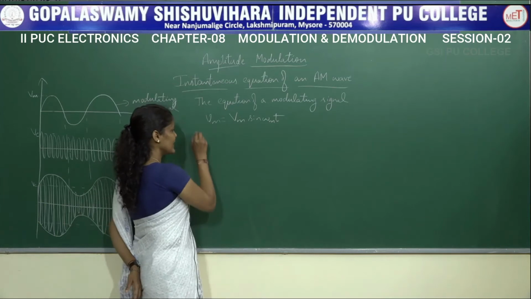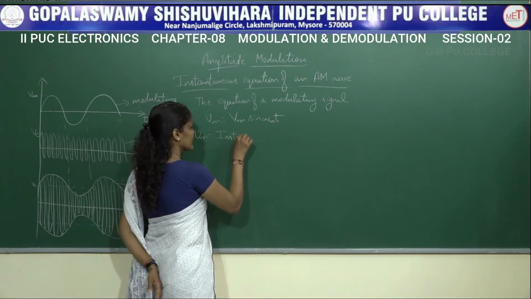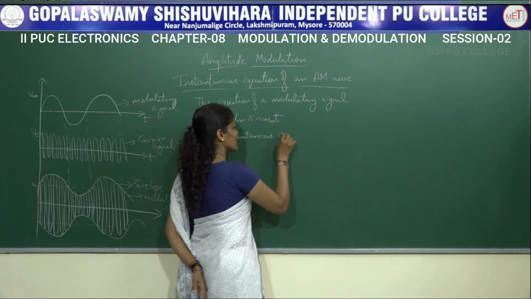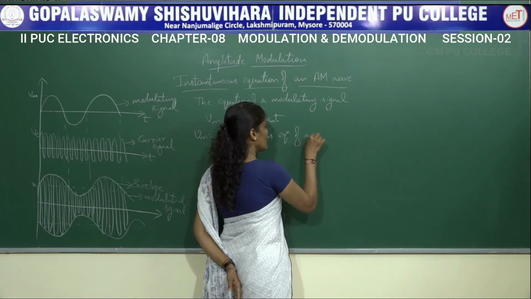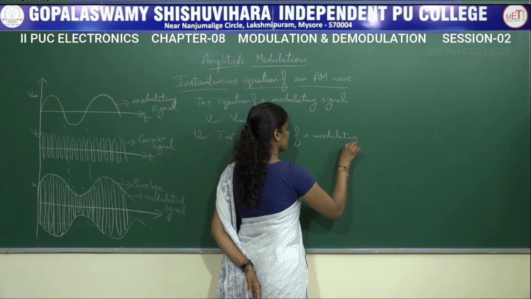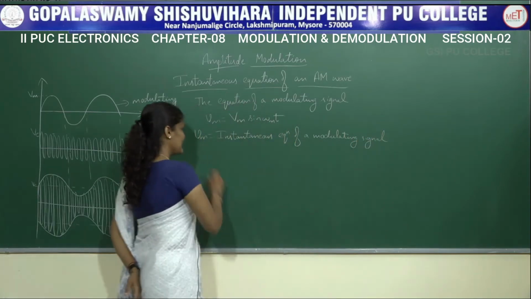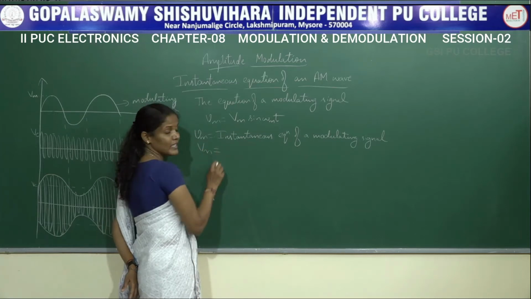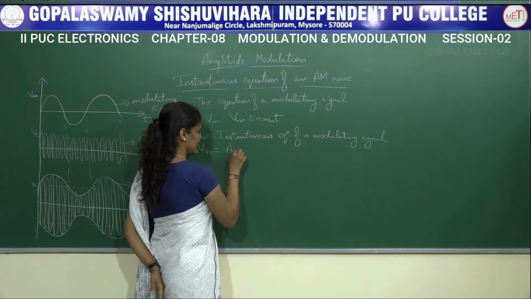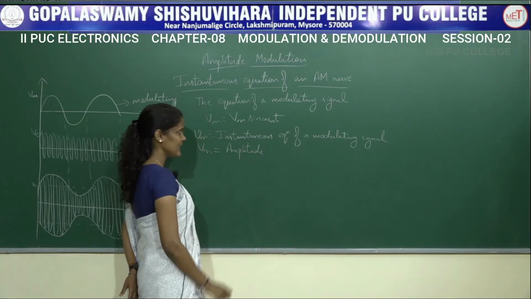This small v m is nothing but the instantaneous equation of a modulating signal, whereas capital Vm is the amplitude of a modulating signal.